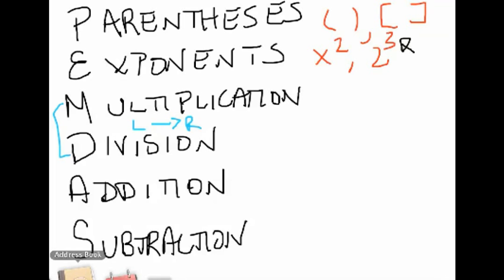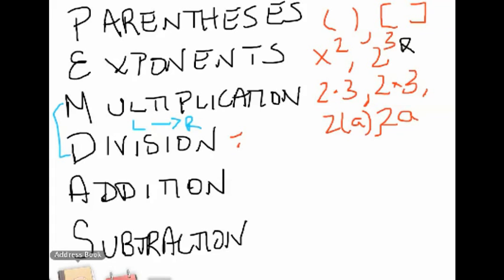So what do they look like? Well, multiplication can be 2 dot 3, that's 2 times 3. It could be 2 and then that mini x times 3. It could also be 2a, that's 2 times a. Or it can be 2 times a in parentheses and nothing in between the 2 and the parentheses.